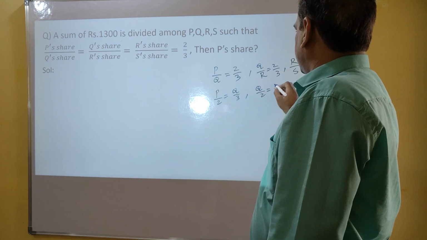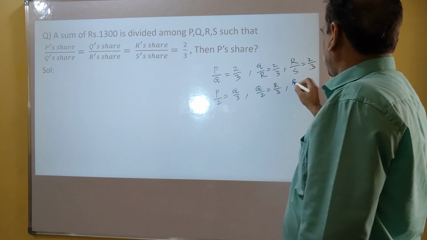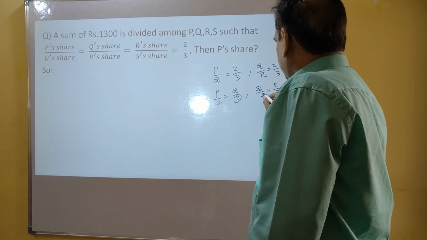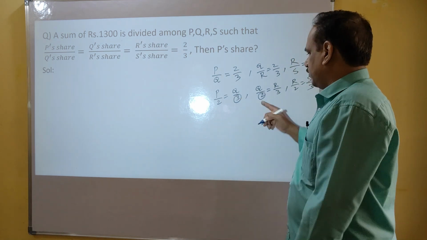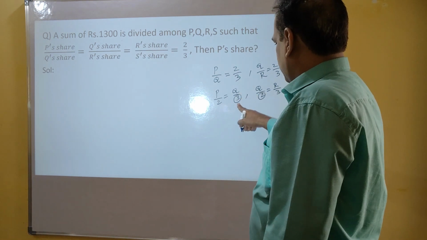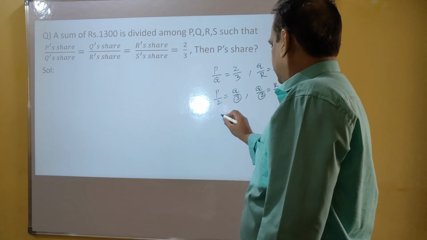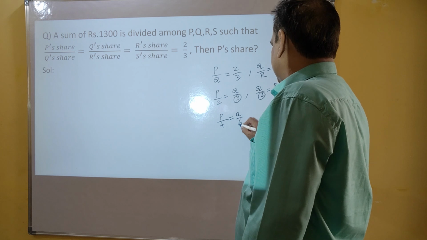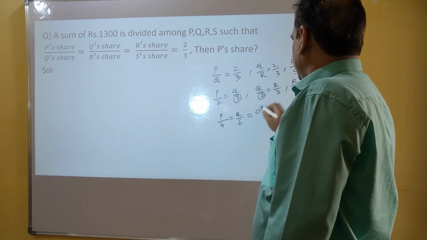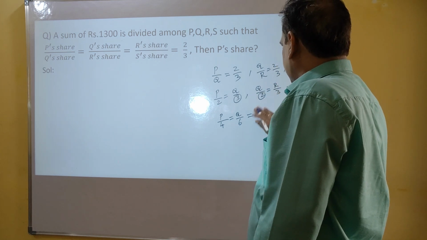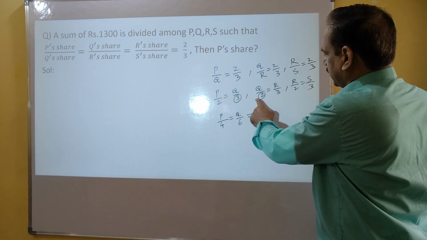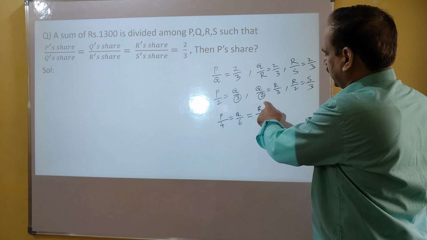Q by 2 equals R by 3. R by 2 equals S by 3. We have to make these two quantities the same. So multiply this by 2, multiply this by 3. So P by 4 equals Q by 6 equals R by, you are multiplying this by 3 to make these two quantities equal, so 9.